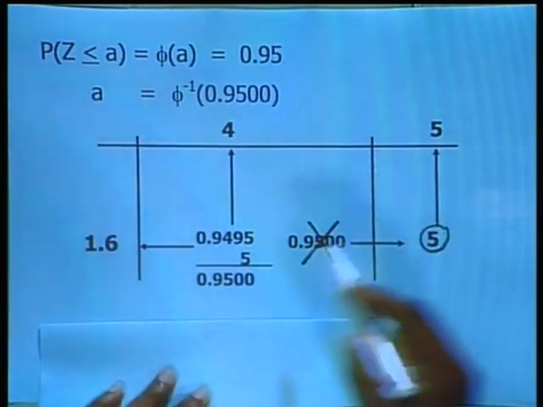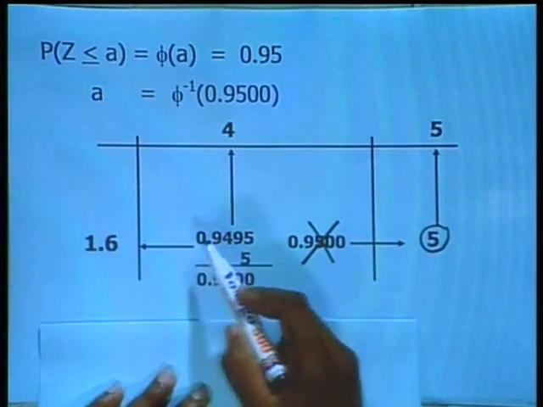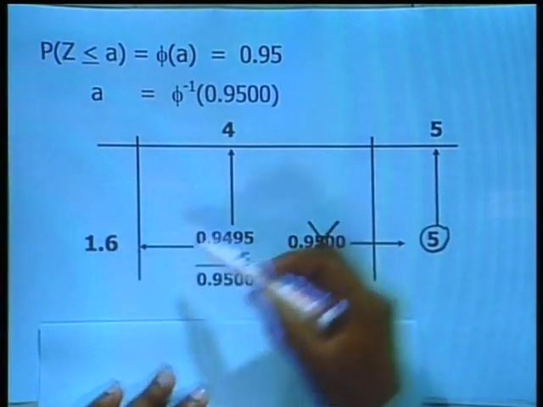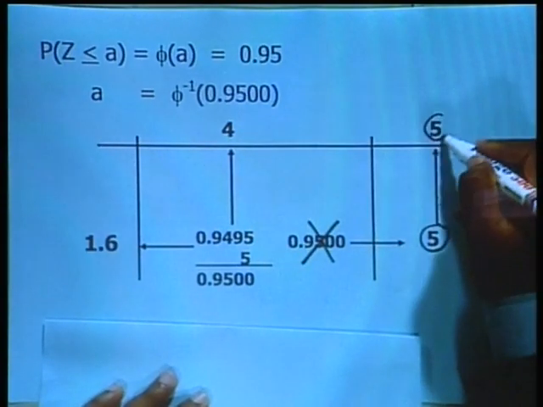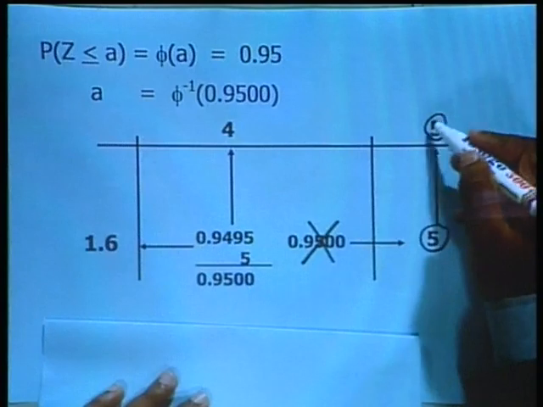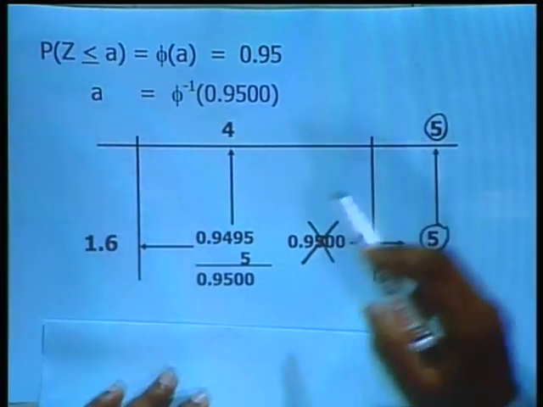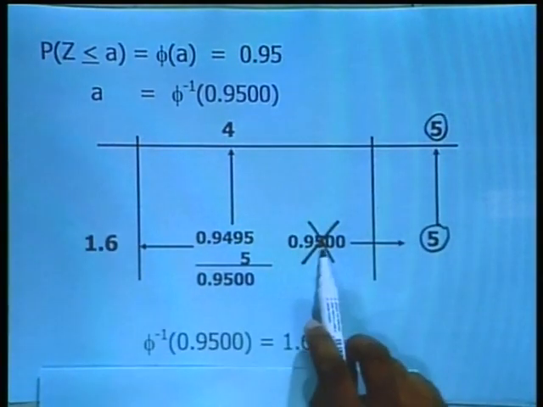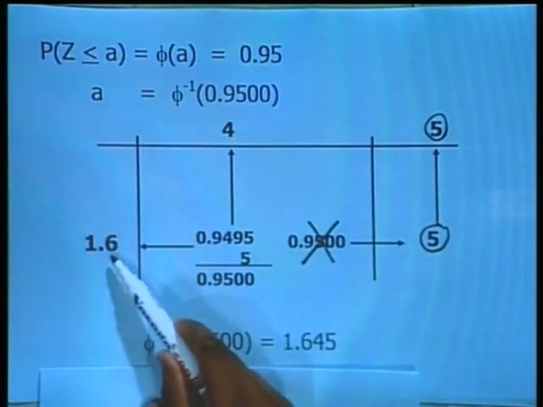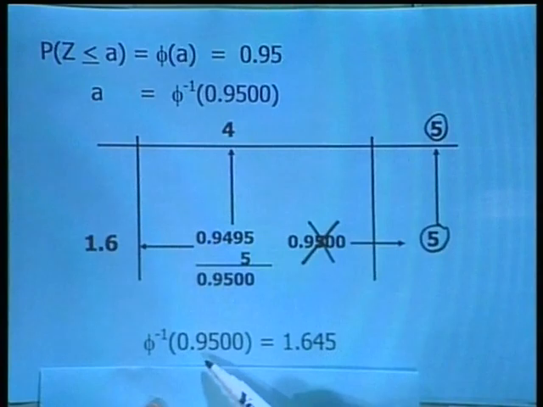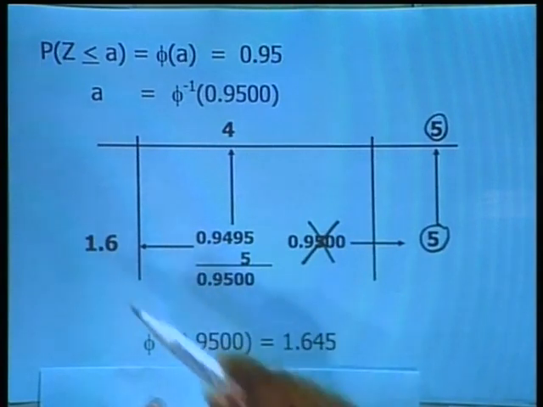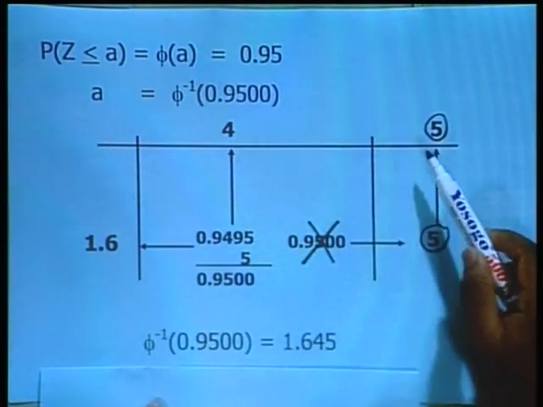The value of z in this case would be 1.64, and this 5 corresponds to the 5 in the third decimal place in the value of z. So we would say that phi inverse of 0.95 is 1.645. Phi inverse of 0.9500 is 1.645.